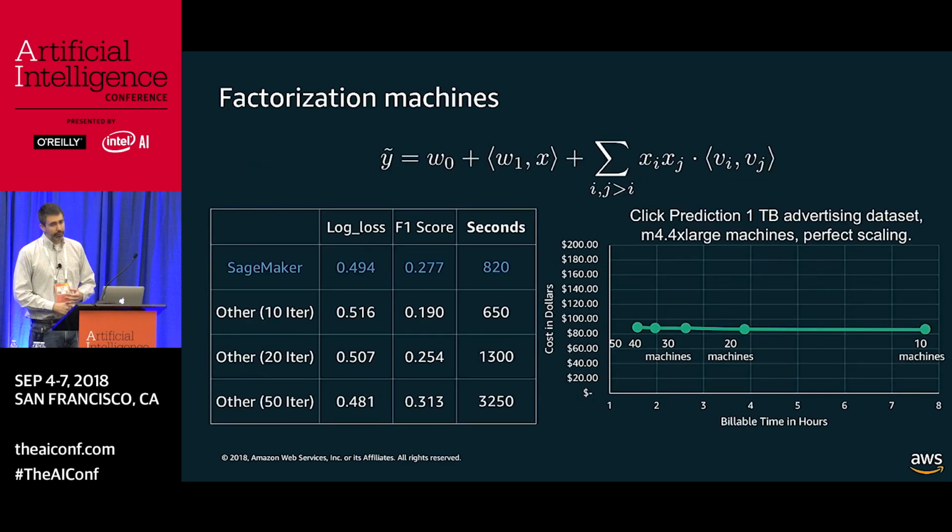Factorization machines is another supervised learning algorithm that we have. Factorization machines is an extension of a linear model where they use pairwise interactions of features but represent them in a reduced dimensional space. It's very popular for things like recommender systems, click prediction and ad targeting.